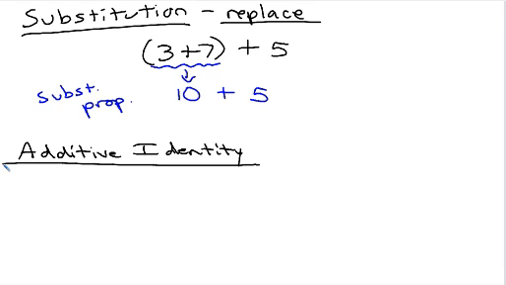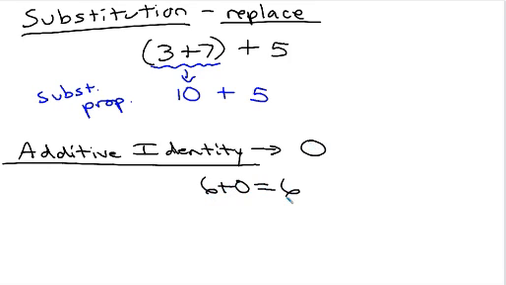What is the number that I can add to any number that will not change? 0. 0 is the additive identity. You just put a little arrow and you can put 0. The additive identity says that 6 plus 0 is still 6. That's what the additive identity property says.